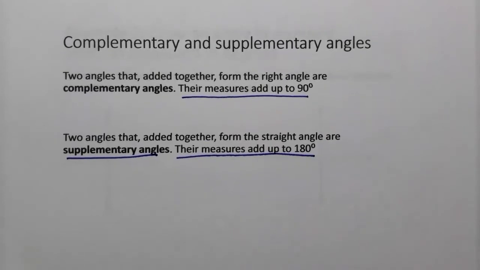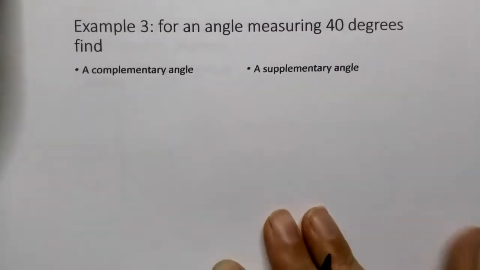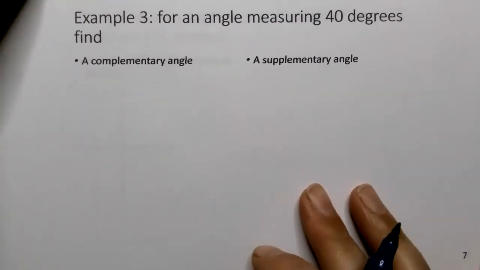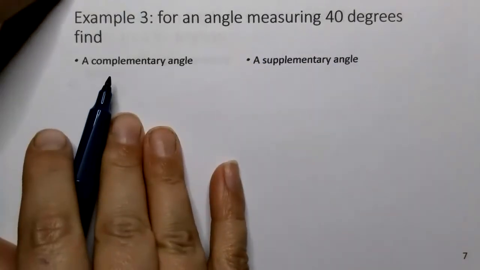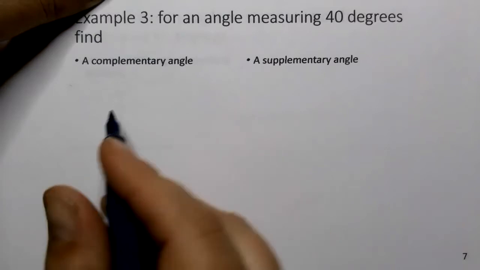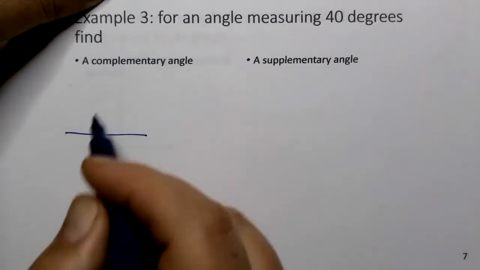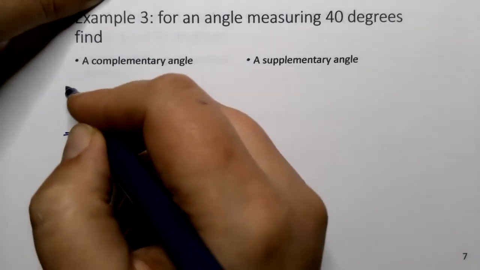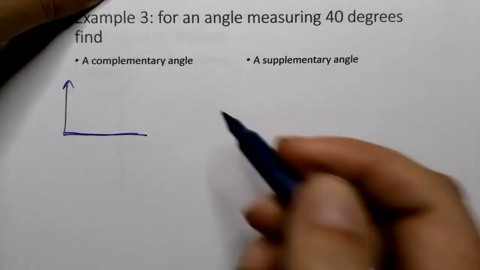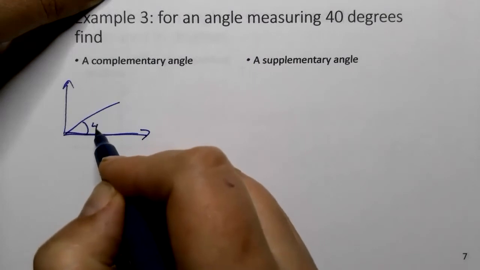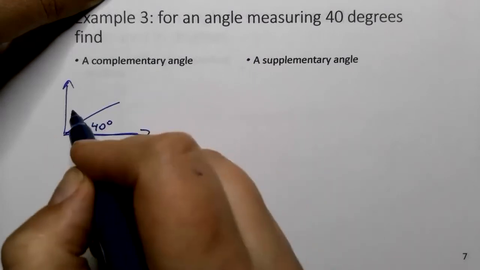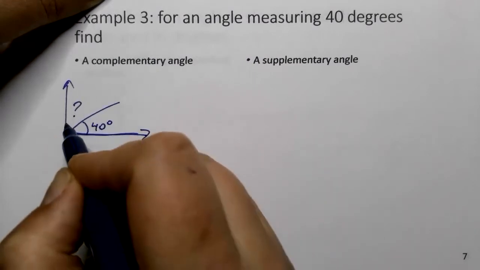Okay, so here's an example. For an angle measuring 40 degrees, find a complementary angle. We know that for complementary angles, together they form a 90-degree angle, right? So if this angle is 40, what's the other angle?